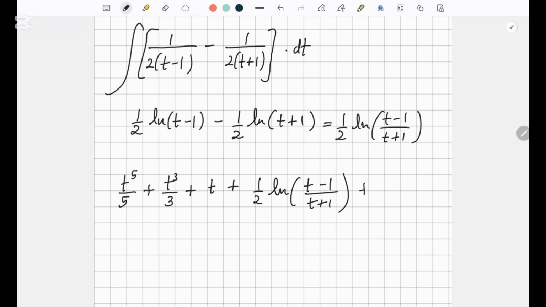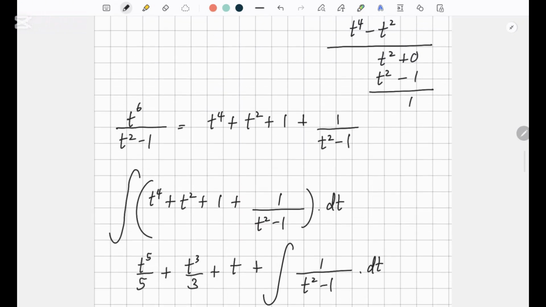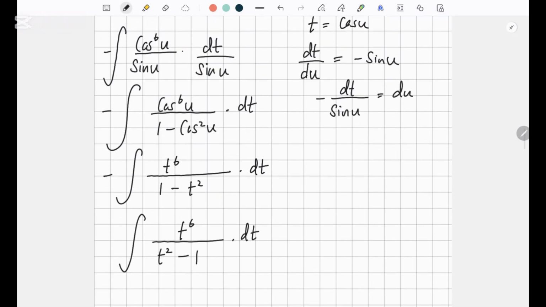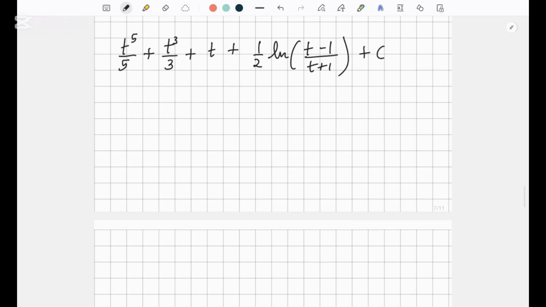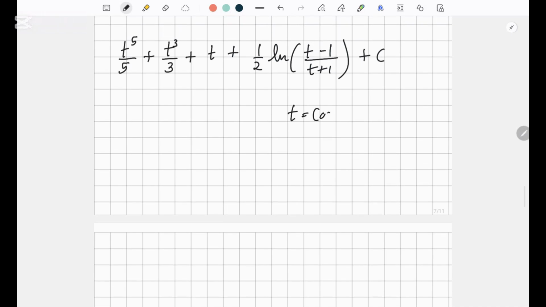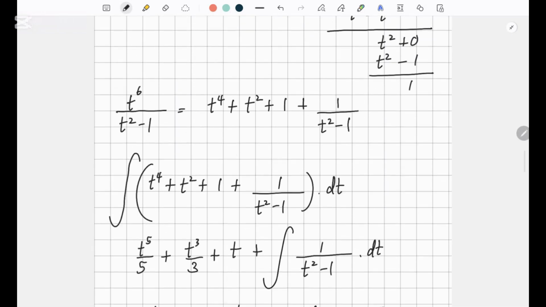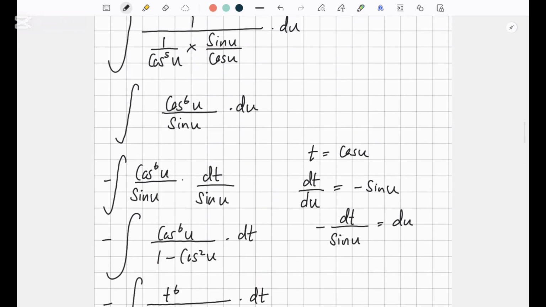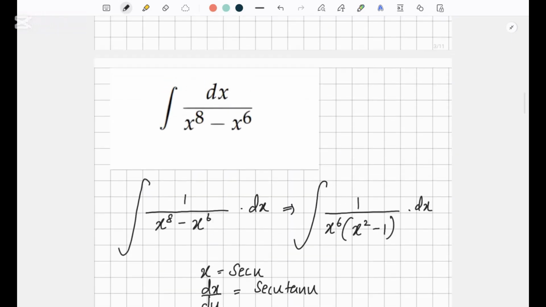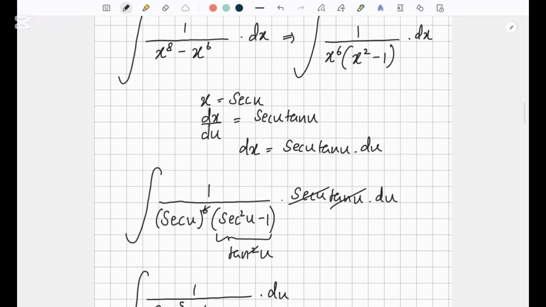Now let's go back into our substitutions. What did we take? So we had t equals cos u, okay. And we had x equals sec u.